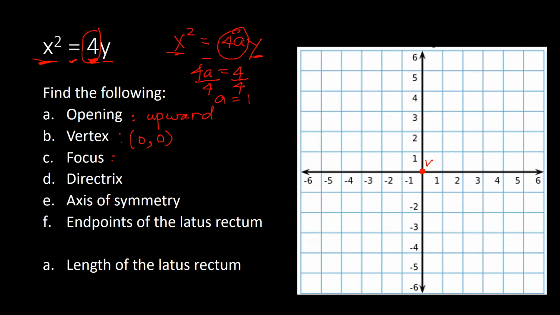Now, using the graphical method in which we identify the focus point, we simply count the number of units equivalent to our a. Since a is 1, we count 1 unit. Take note that the location of the focus with respect to the vertex should be in line with the opening of the parabola.